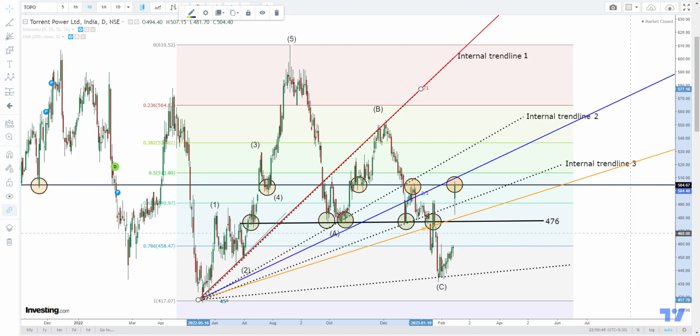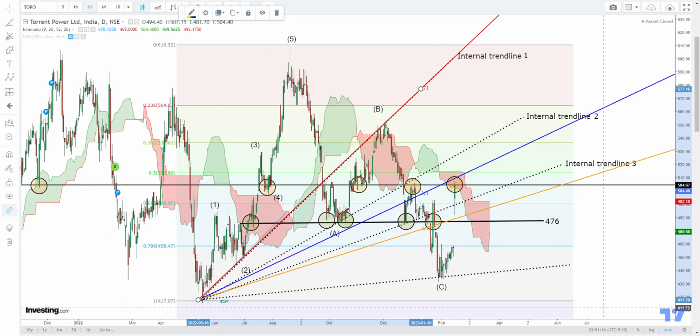And if you see the Gann fan angle 2 by 1, which is this particular blue line. Correct. The immediate resistance or the trend change and trend shift momentum is just right above today's closing. So if you allow the price to settle above this or internal trend line 2, which are both very nearby, and if I plot my cloud, it is acting as a range shift.